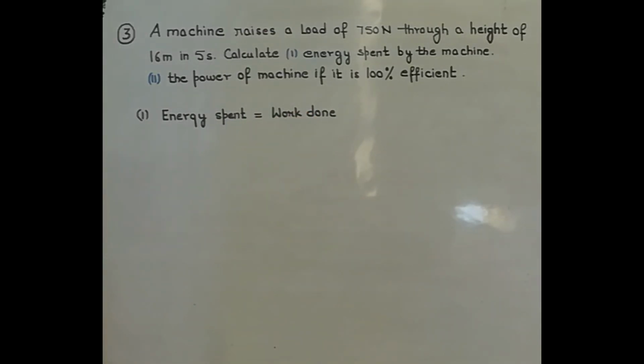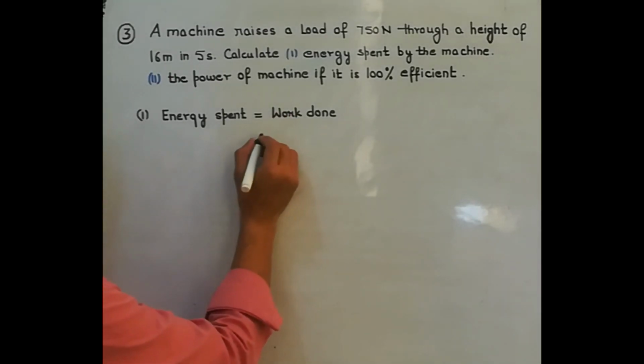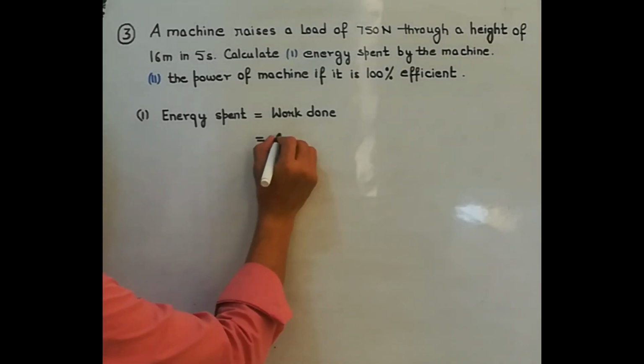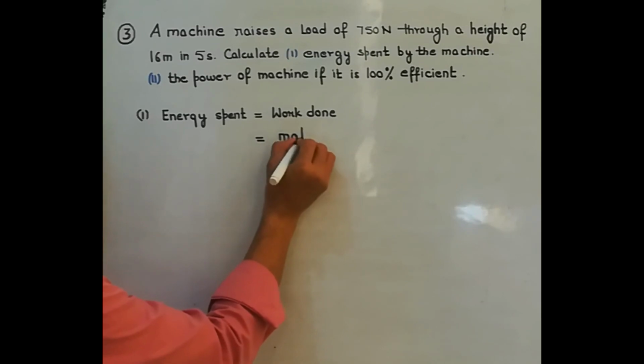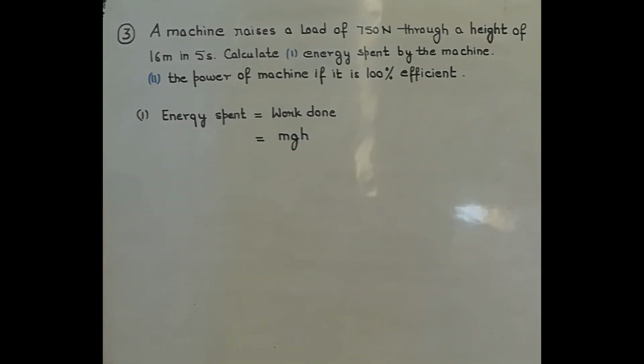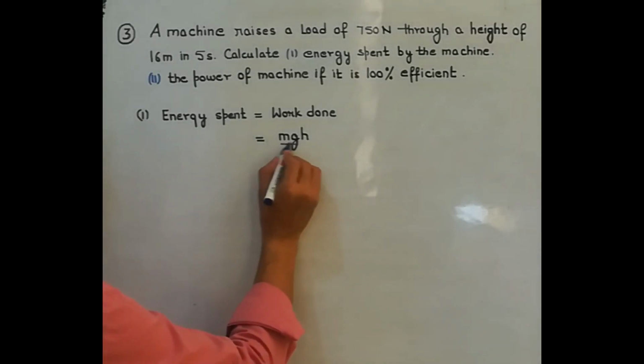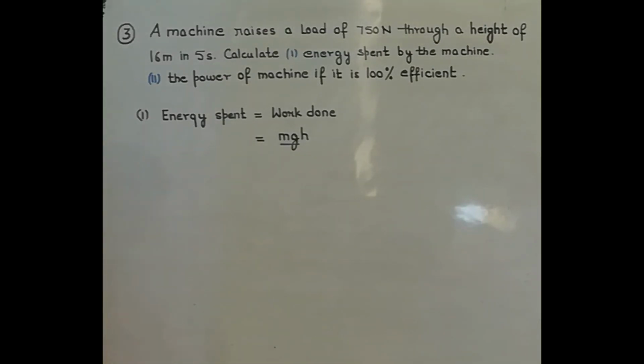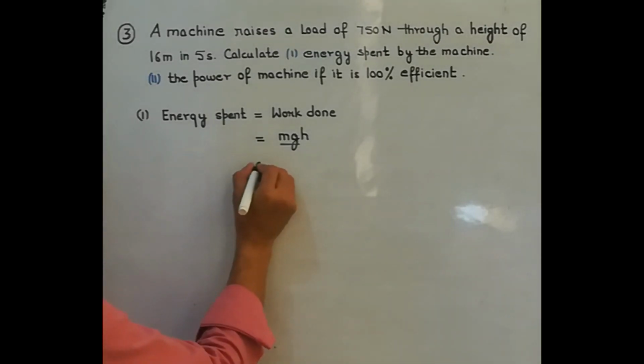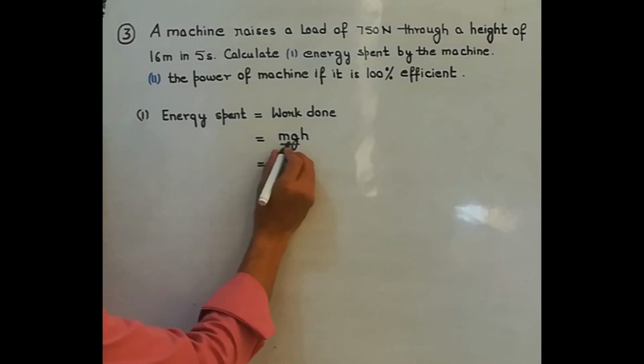Now here you can see a machine is raising a load. Whenever a load is lifted in upward direction, that means work is being done against gravity. And what's the formula for work against gravity? It is mgh. This is the formula for work against gravity. Now in this formula, what does mg represent? mg represents weight, or you can say it represents load.